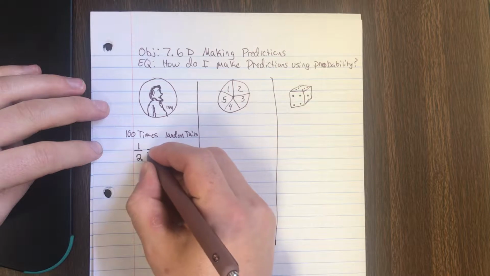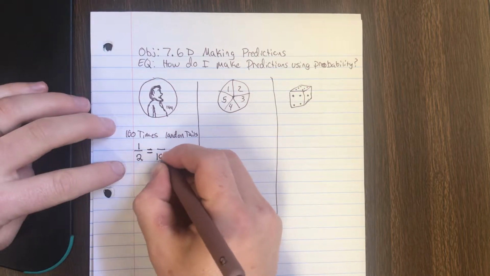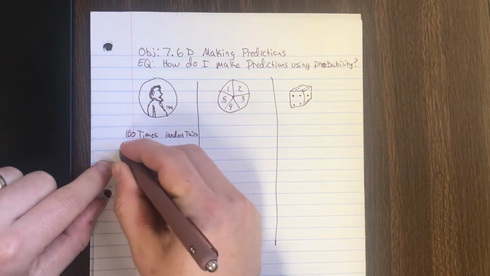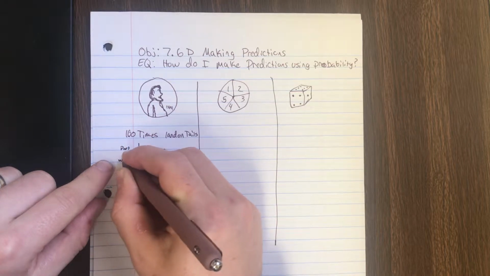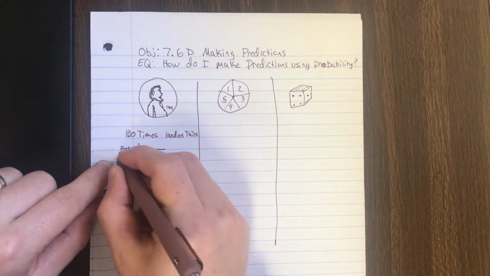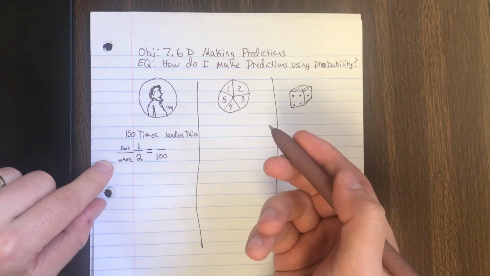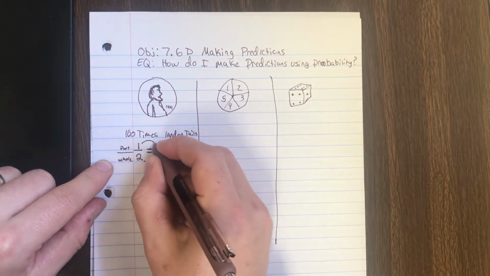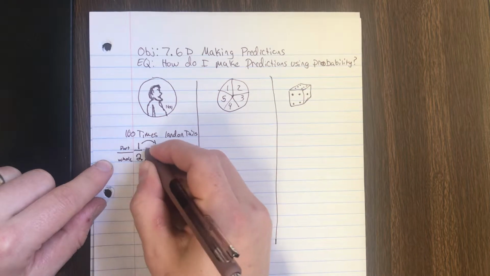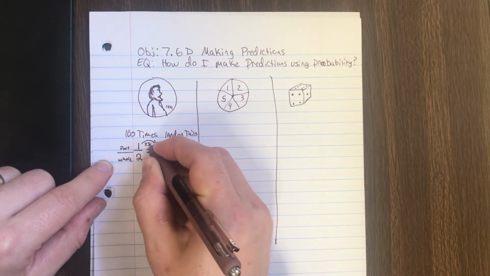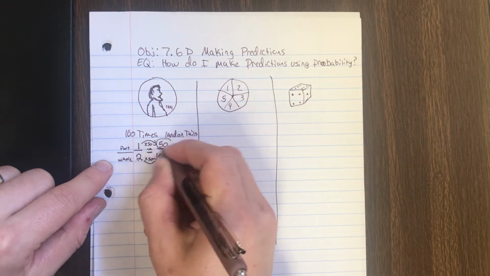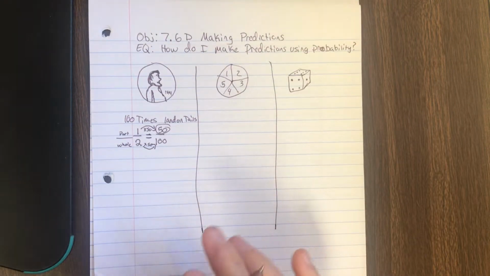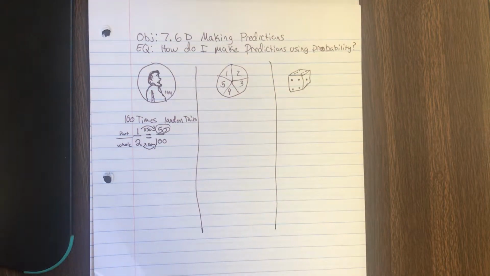So what would that equal if I flip the coin 100 times? This would be your part, this would be your whole, and this is your total down at the bottom, okay? You can see the relationship here would be times 50, so your answer would be 50. I would land on tails 50 times if I were to flip a coin 100 times, theoretically.